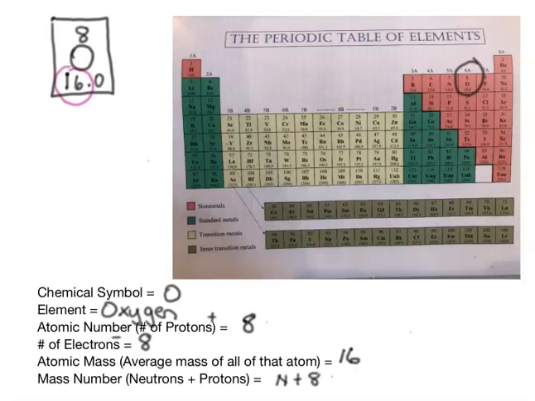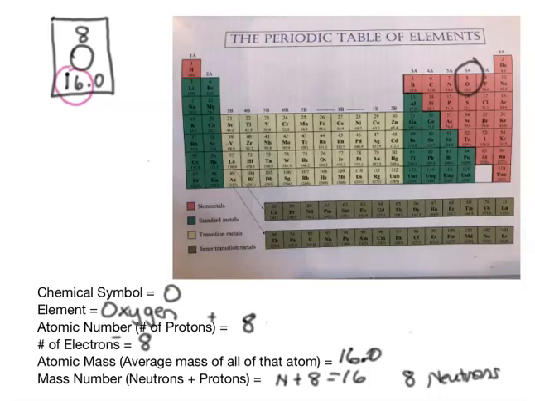And the mass number that we are going to use is the rounded atomic mass. I should have written 0.0 there because that's how it's presented on this periodic table. So we're going to use the mass number of 16. That tells us in our particular isotope of oxygen, we are going to have exactly 8 neutrons.